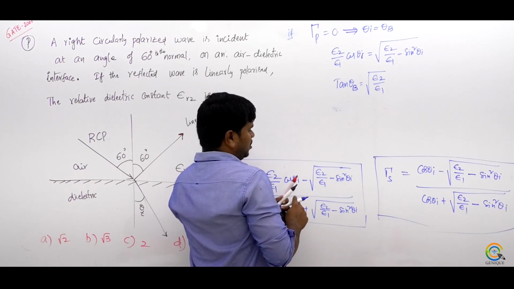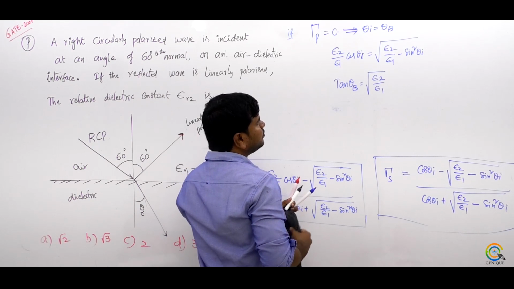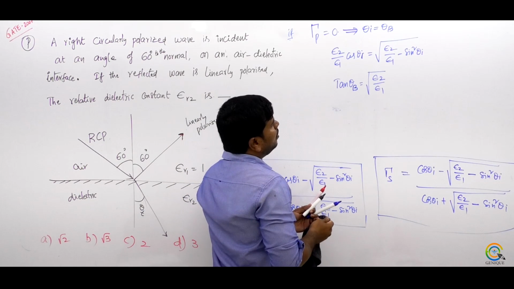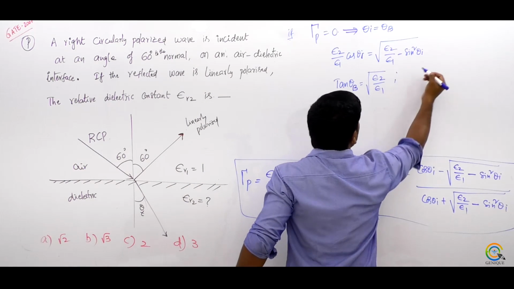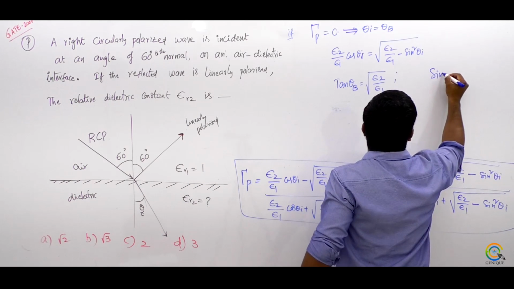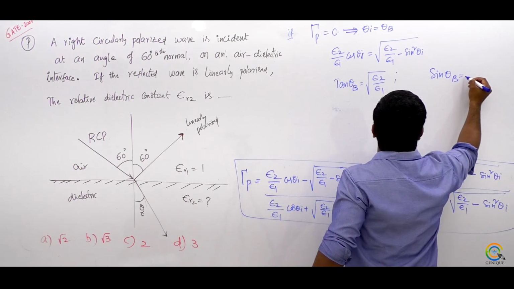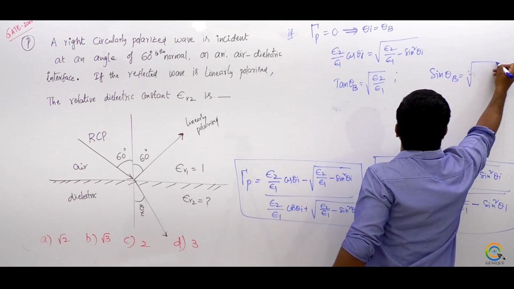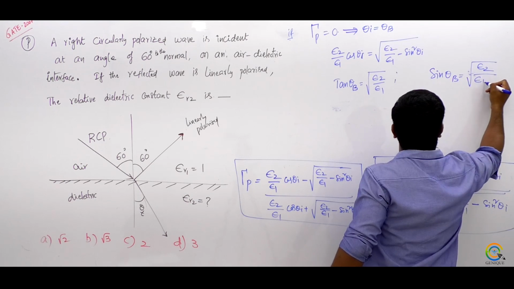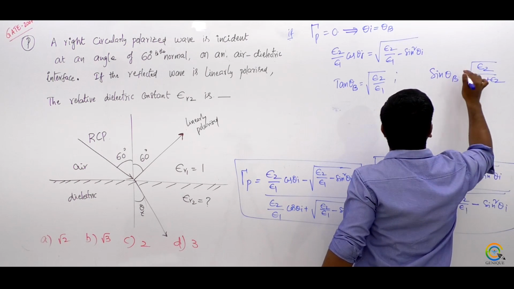Okay, so now, you can also write sin theta b as root over epsilon 2 divided by epsilon 1 plus epsilon 2. You can also write like this.